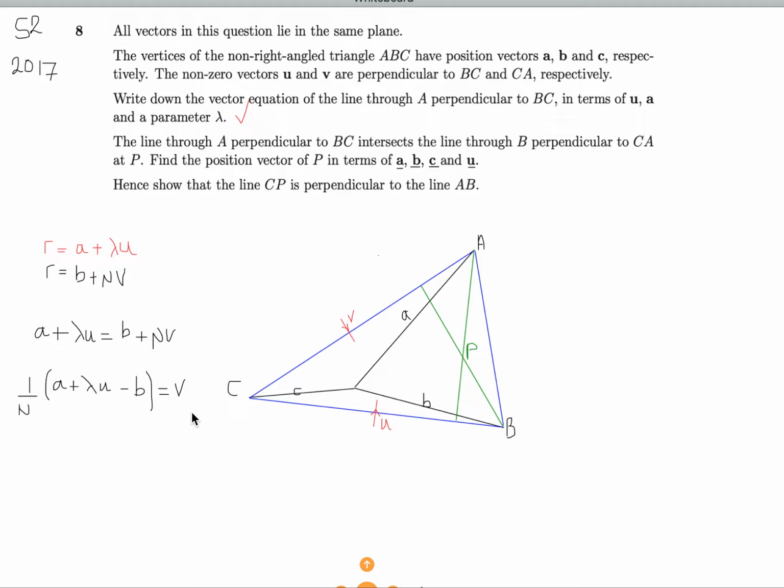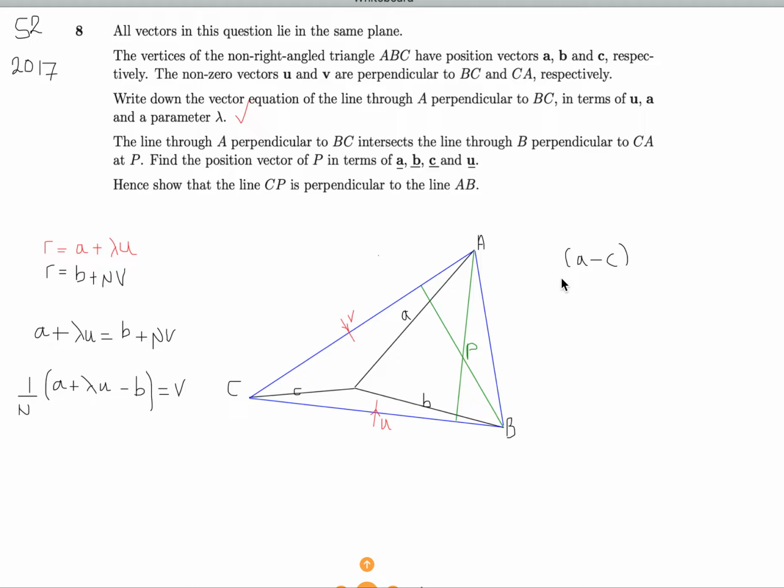Now if we want v to disappear, we can dot v with something that it's perpendicular to, which is this vector here, a minus c. So we can dot both sides of this by a minus c.